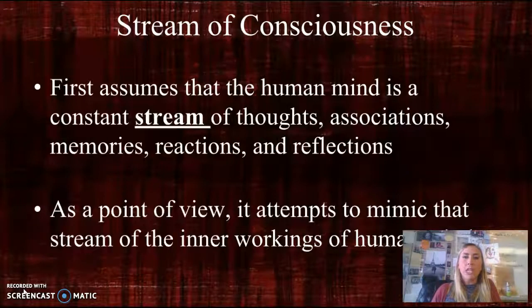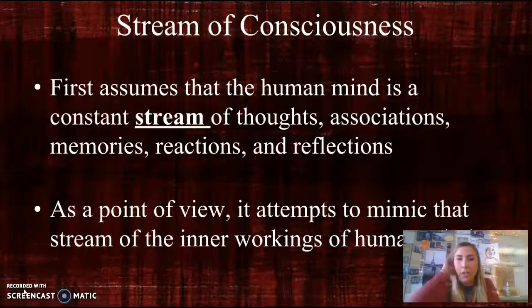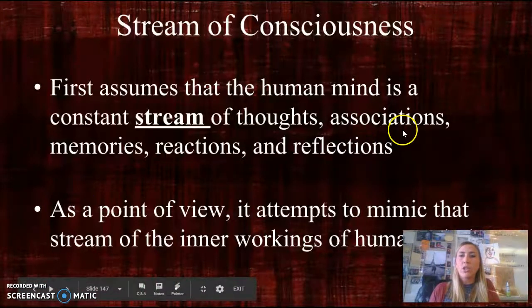So stream of consciousness, it's important to understand what stream of consciousness is, how authors can use it to convey specific purpose, okay? It first assumes that the human mind is a constant stream of thoughts, associations, memories, reactions, and reflections, okay? So specifically focusing on associations, right?